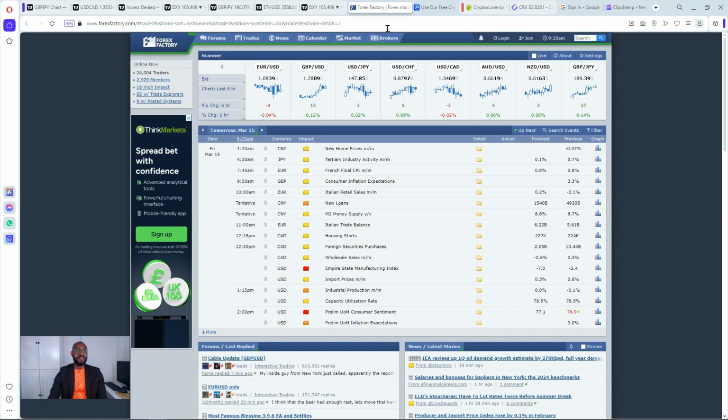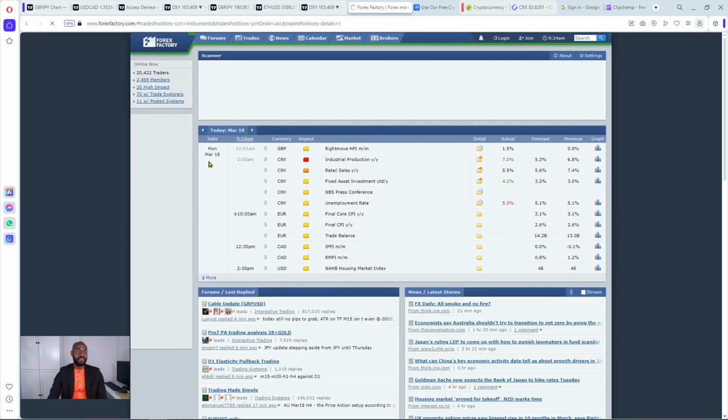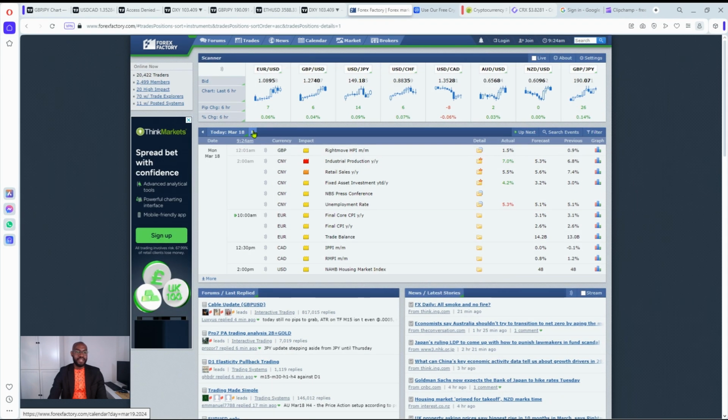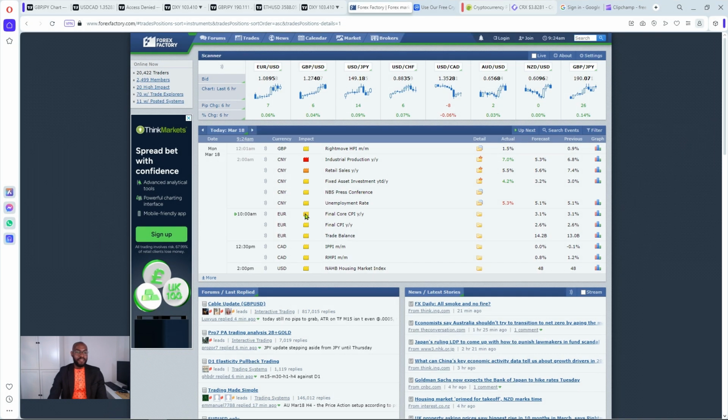USD CAD. We're going to look at Forex Factory to see the high impact news that we have for the week. Today is Monday, and we have high impact news on Monday, but this is not on the dollar. So let's look at the dollar and euro. We don't have any high impact news on the dollar or the euro. Even though this is not a high or medium impact news, it can still bring volatility into the market because it's a final core CPI, and this final core CPI year on year.